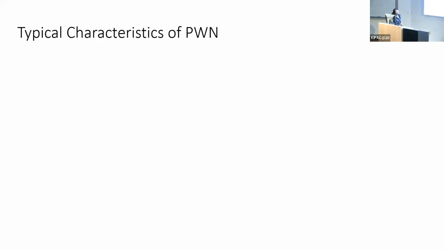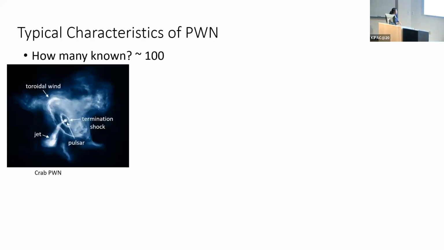All right. So, some typical characteristics of PWN and what they're generally like. The most iconic, archetypal picture of a PWN is the Crab, where you have a toroidal wind around the pulsar, and also commonly jet-like structures.